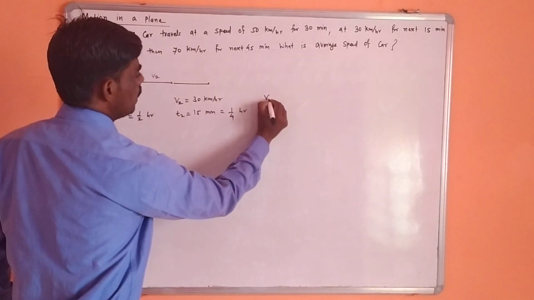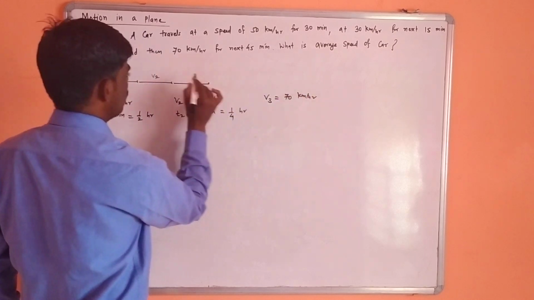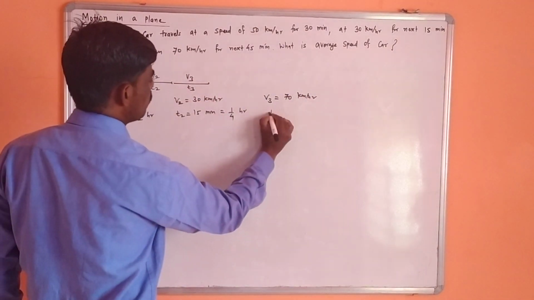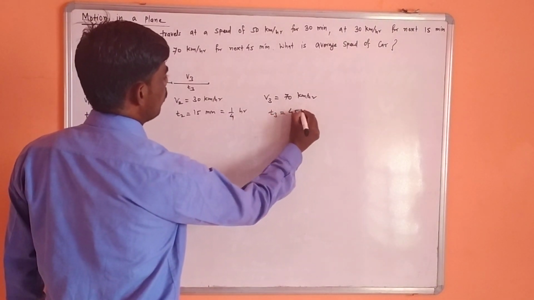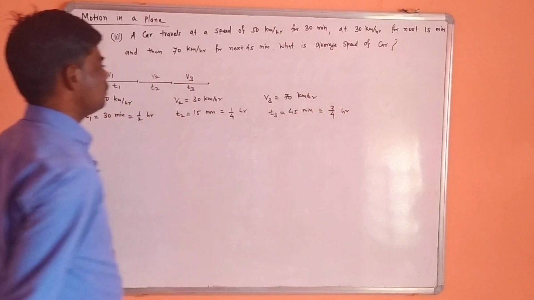Then the third velocity is 70 km per hour, this is v3, and for this velocity it travels for t3, 45 minutes, that is 3/4 hour.